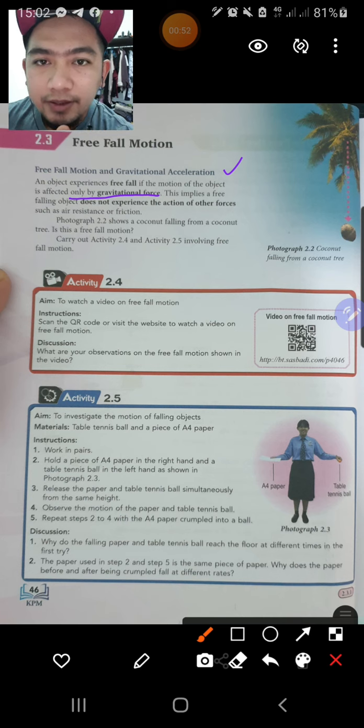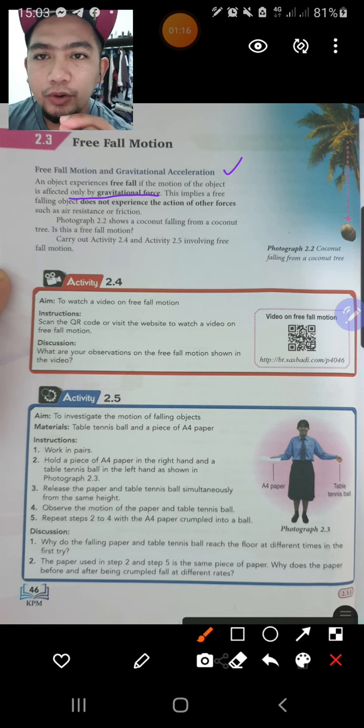This implies a free falling object does not experience the action of other forces such as resistance or friction. Dia tidak akan dipengaruhi oleh daya luar seperti rintangan udara ataupun geseran. Baru kita boleh panggil dia sebagai free fall motion, jatuh bebas yang hanya disebabkan oleh gravitational force, no other force.